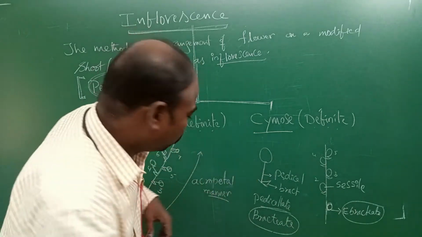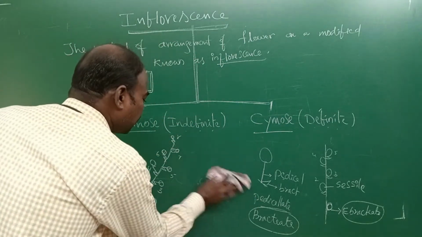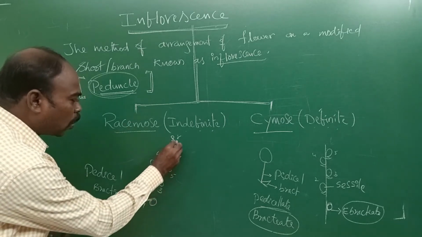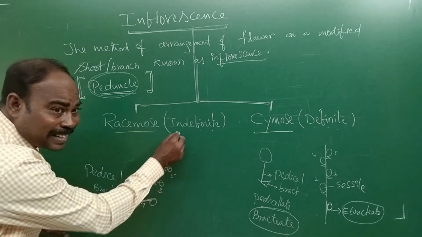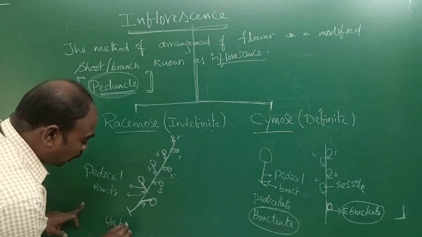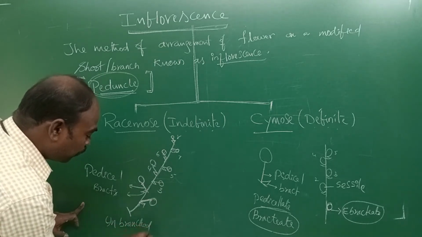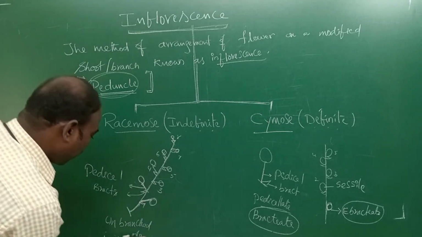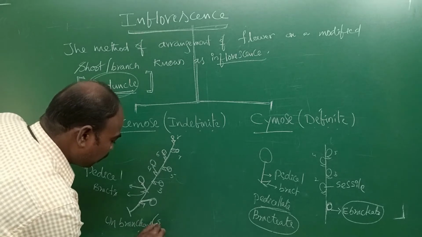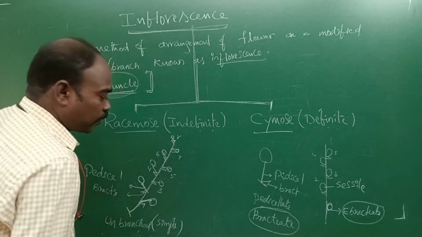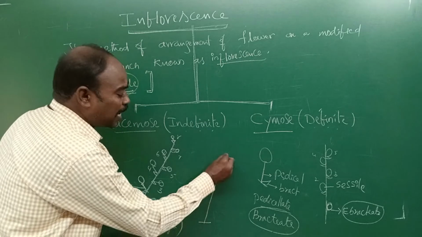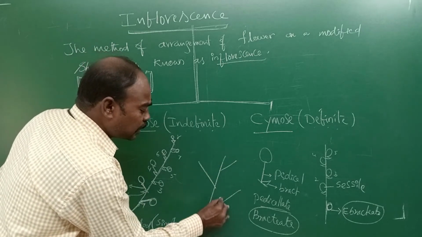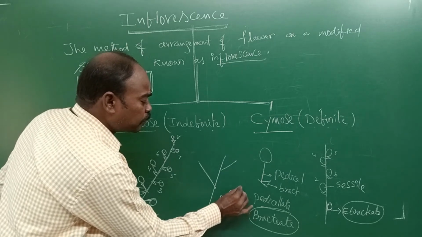Right? Next, another important point. Suppose the peduncle does not have branches, only a single axis, an unbranched peduncle. An unbranched peduncle is said to be what? Simple. Suppose the peduncle has branches, 1, 2, 3. On the branches, the flowers are developed.